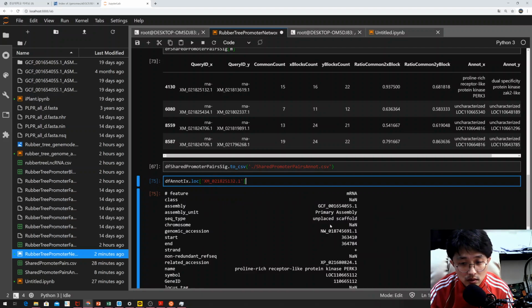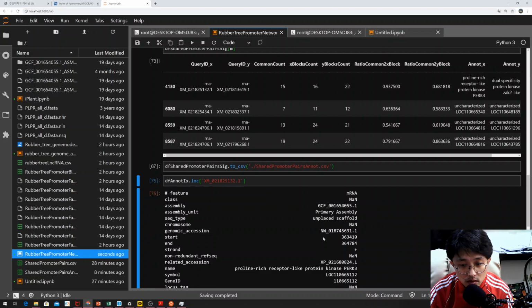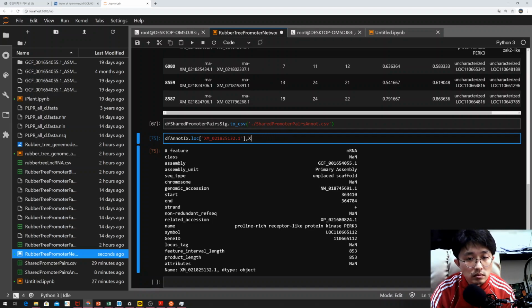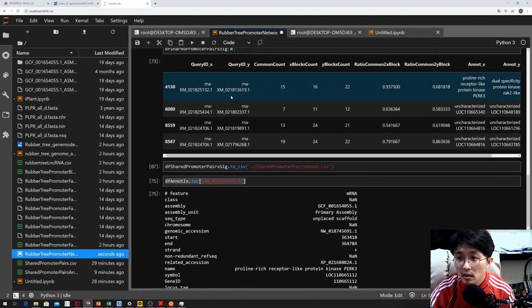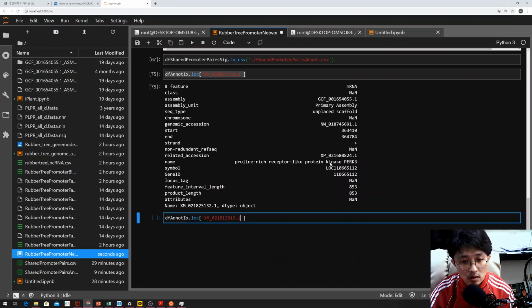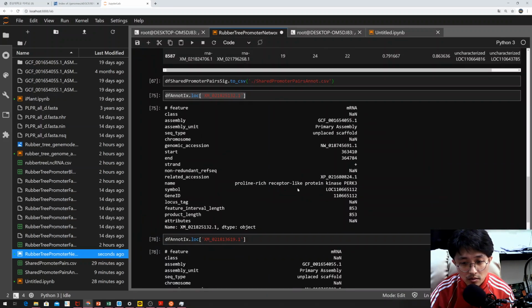So this is in a scaffold, and this is also in a certain scaffold.